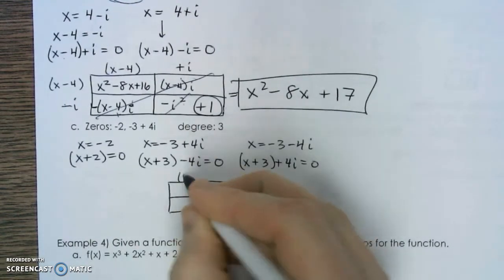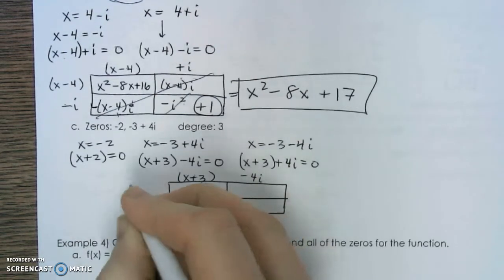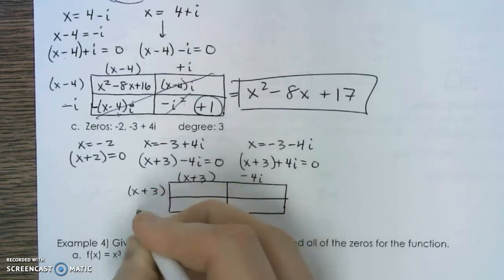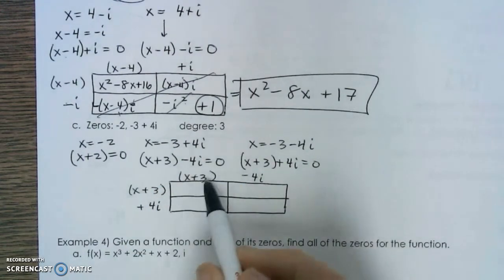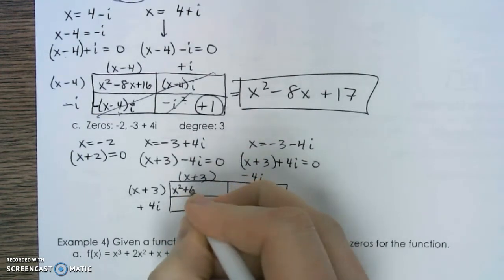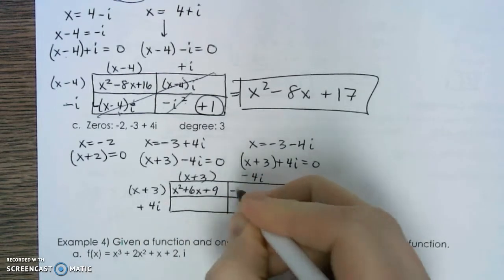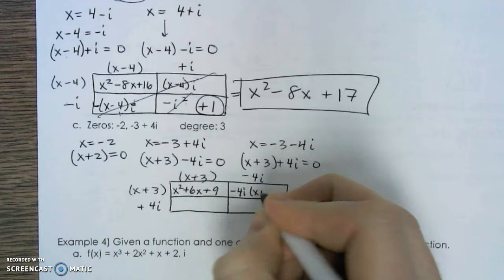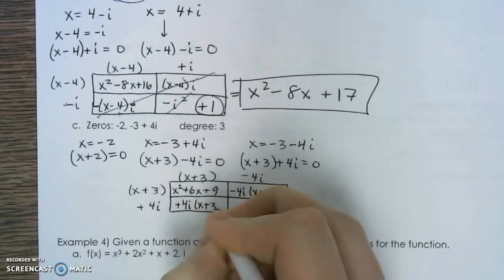And I'm going to put x plus 3 minus 4i on top, and x plus 3 plus 4i down the side, and then we multiply them together. So x plus 3 times x plus 3, I'm going to get x squared plus 6x plus 9 when you FOIL these two together. Then I'm going to have negative 4i times x plus 3 and positive 4i times x plus 3.